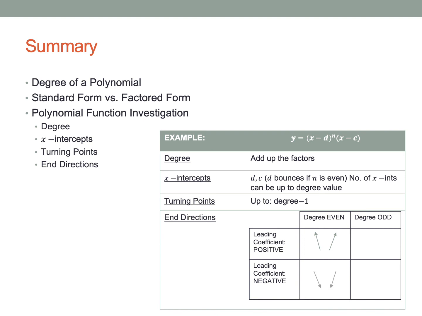And if it's negative, then they both go down. And then if the degree is odd, it goes down, then up if it's positive. And if the degree is odd and the leading coefficient is negative, then it goes up, then down.